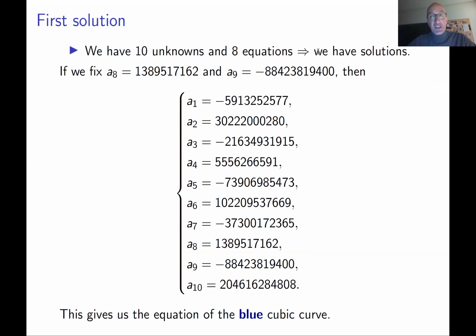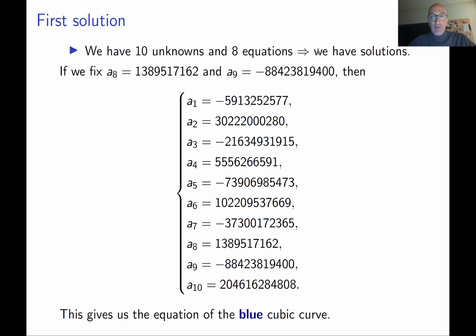You can solve it, for example, using, again, as I said, Python, and then you can check, in this case, there exists a unique solution. And actually, there is a result in linear algebra which guarantees that in this case, you're going to have a unique solution once you fix these 2 coefficients. And this is exactly the equation of the blue curve.